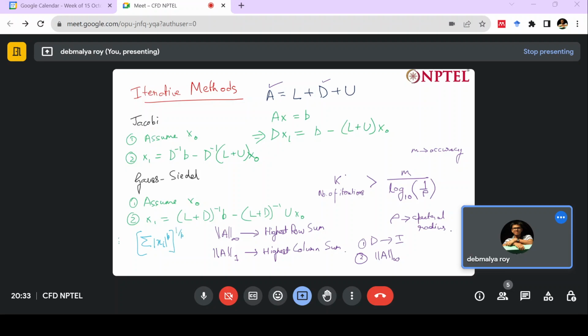So this is the p norm of a vector x. For a matrix, the norm definition can vary based on which definition you are using. The most important norm definitions for a matrix are basically the first and the infinity norms.